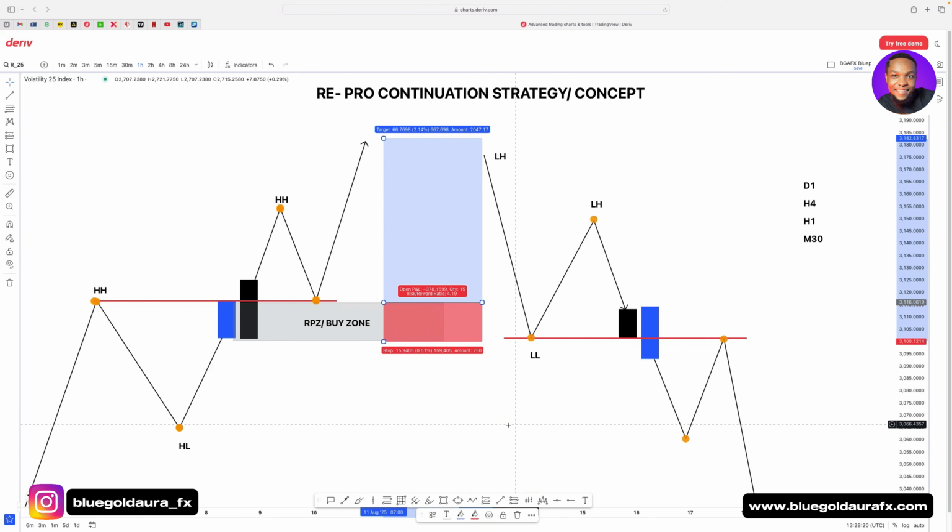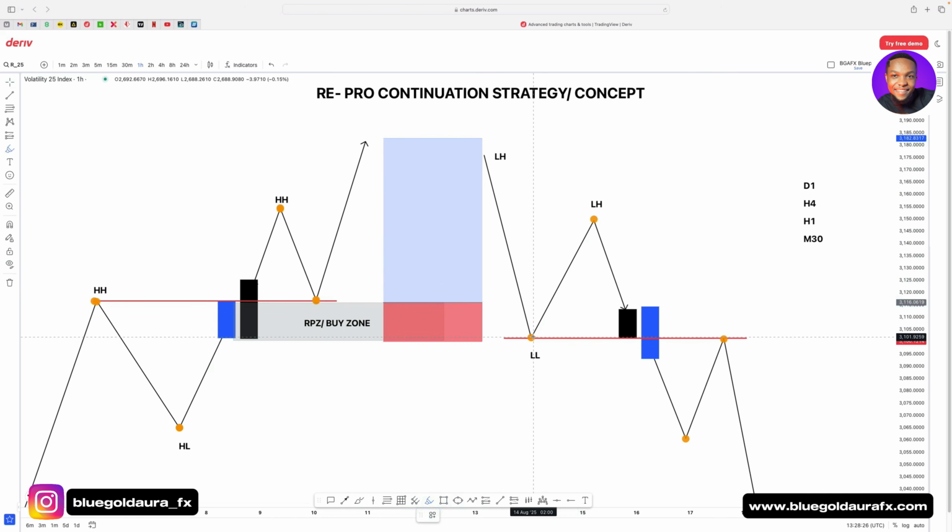So if we are looking at this sell setup again, it's the same thing. You have a lower high point here, lower low, lower high, and then you have a lower low right there, another lower high. Now you have a support point.